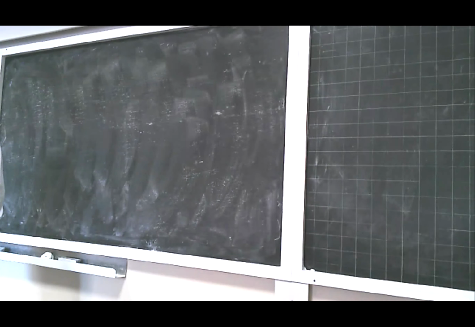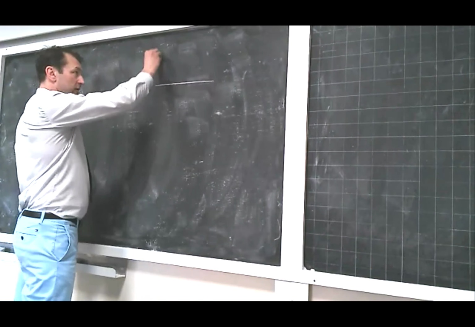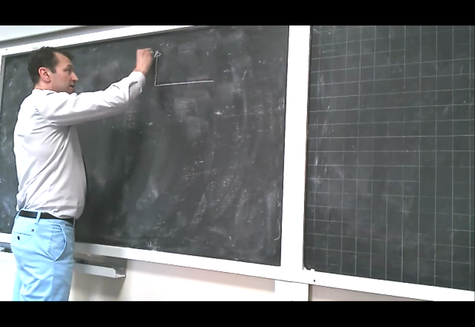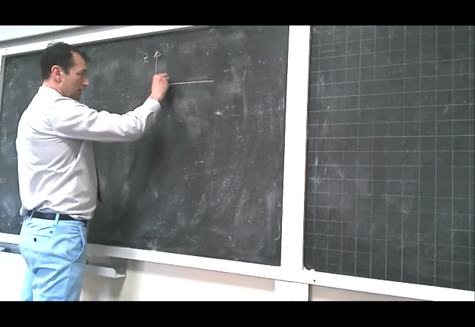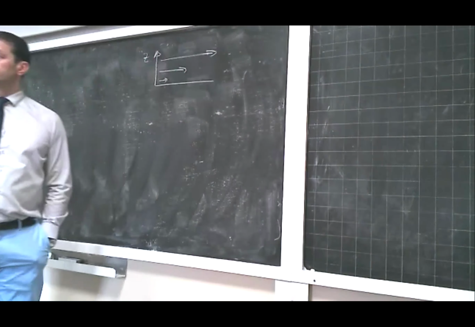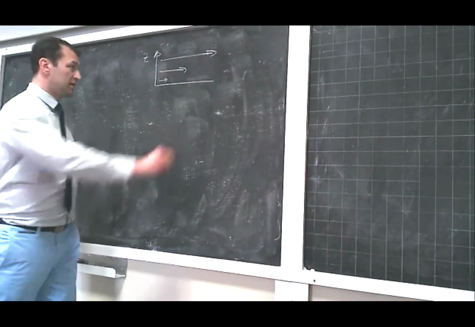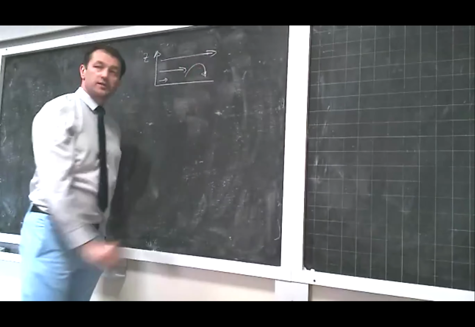Let me just bring you back, if this is surface of the Earth, this is height Z. Let's say wind is increasing with height like so. We calculated vorticity. You remember we got something like this.